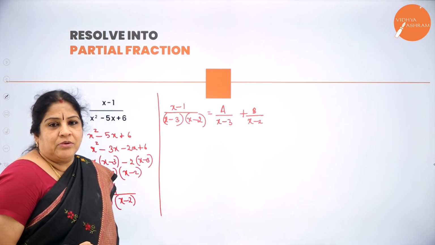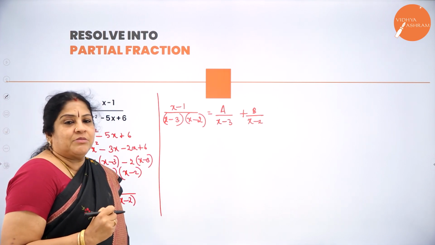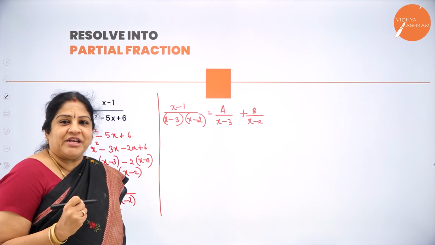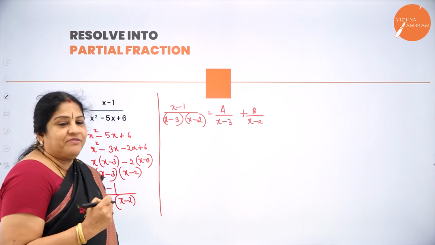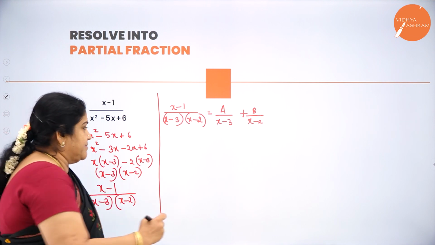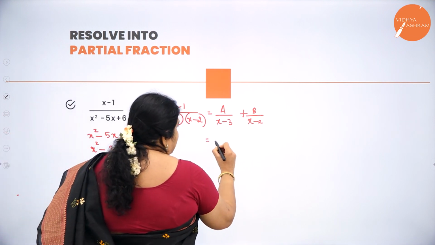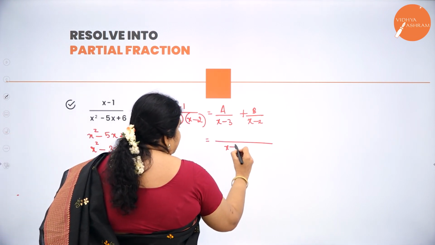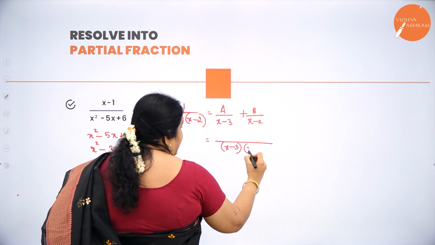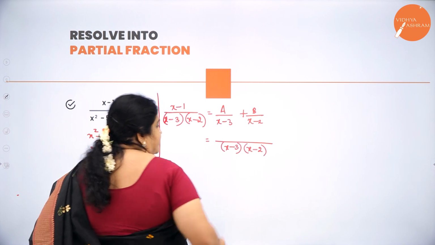So what do we do? We take each term of the denominator and equate it to 0. Before that, we have to take the LCM. So what is the LCM? LCM is x minus 3 into x minus 2.